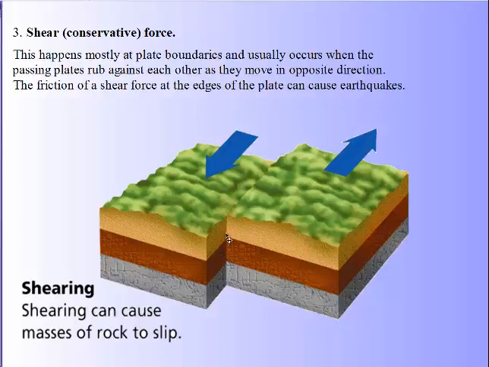So this is the boundary that we're talking about, and these are the two plates. We said that the shear force happens at plate boundaries. So when it happens, friction is created and it causes what we call earthquakes. So this is how the forces within the earth crust cause the movement of the earth plates.